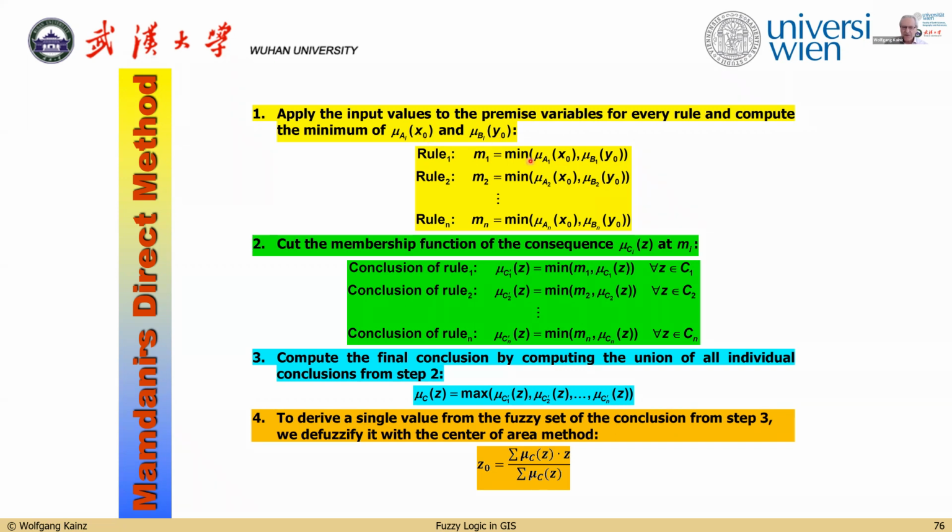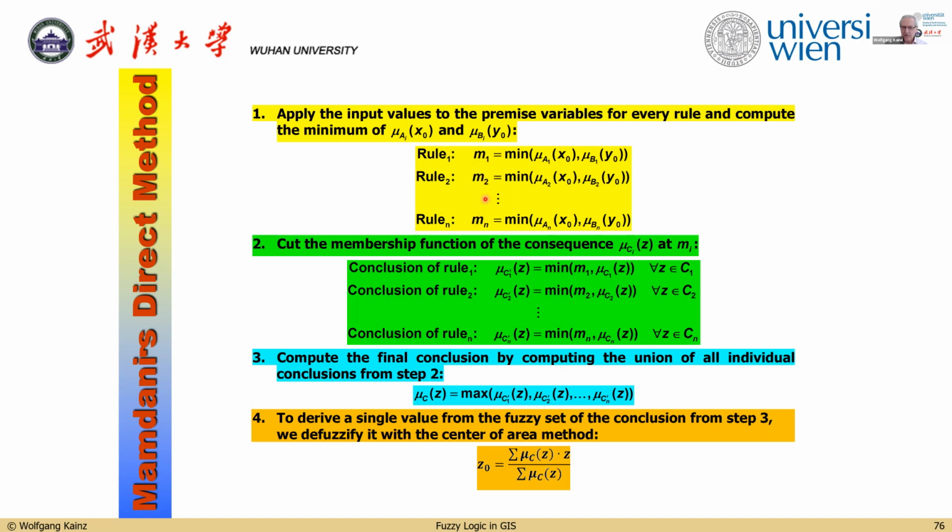So in every rule, we have to enter the values into the membership function for our premise fuzzy sets. So for set A1, it would give a certain membership value for x0. And in the set B1, it would also give a certain membership value for the y0. So we have 2 membership values, and of these 2, we take the minimum, which is our M1. And we do that for every rule.